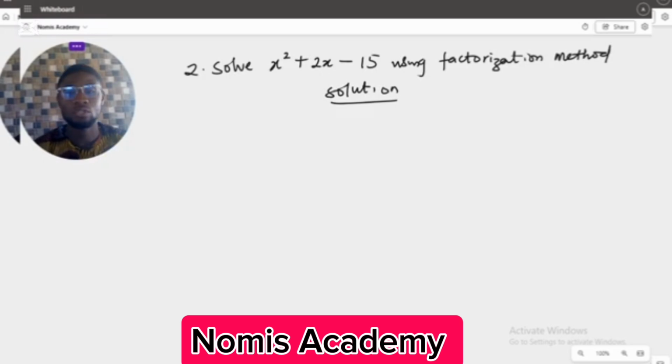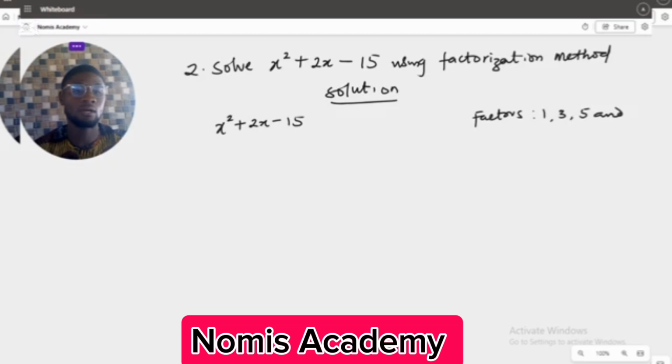Just like we did the first one, the first thing we do with x squared plus 2x minus 15 is find the factors of 15. The factors of 15 are 1, 3, 5, and 15.